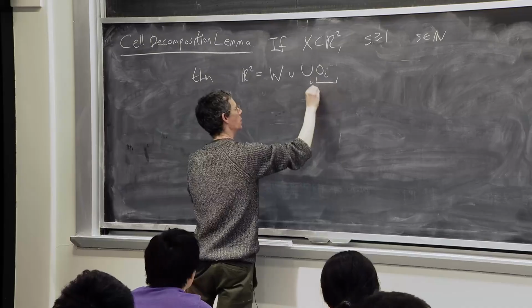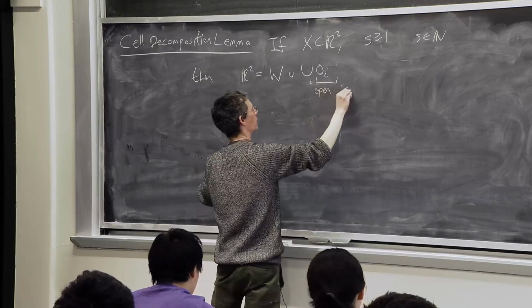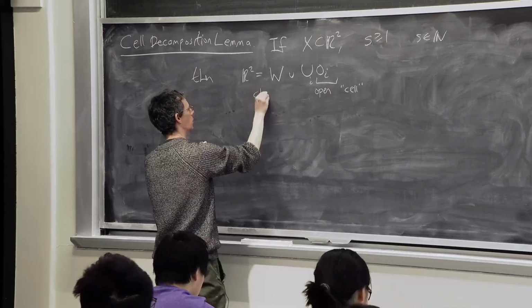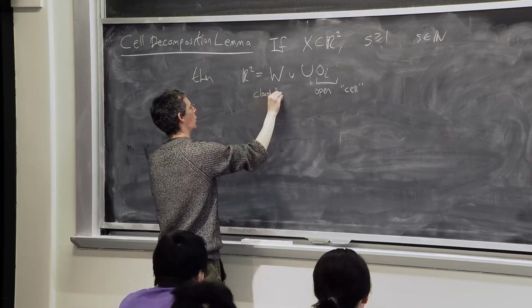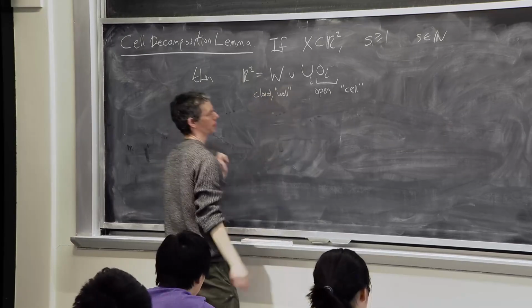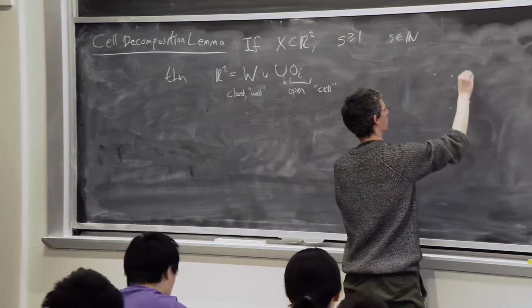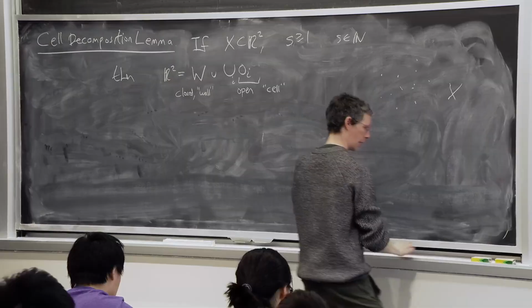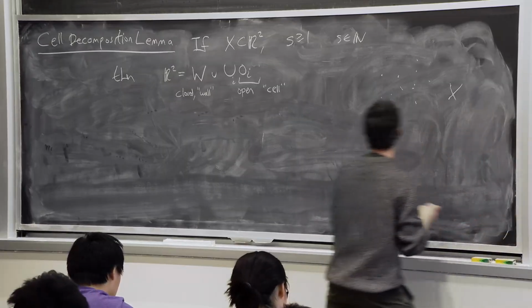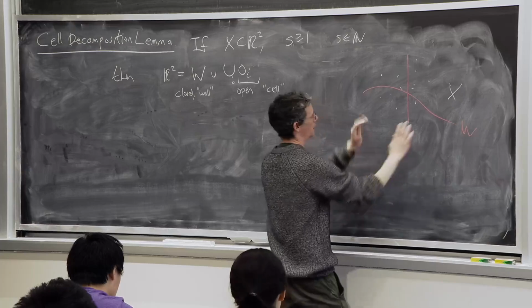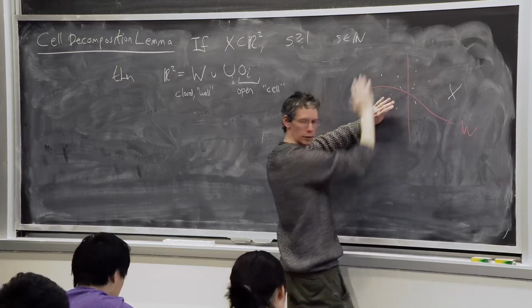Each one of these is open, and I'll call it a cell. And this set W is closed, and I'll call it the wall between the cells. So the image here is that I have some points, that's X, and then I have something like this. That's W, and this is O1, O2, O3, and O4.